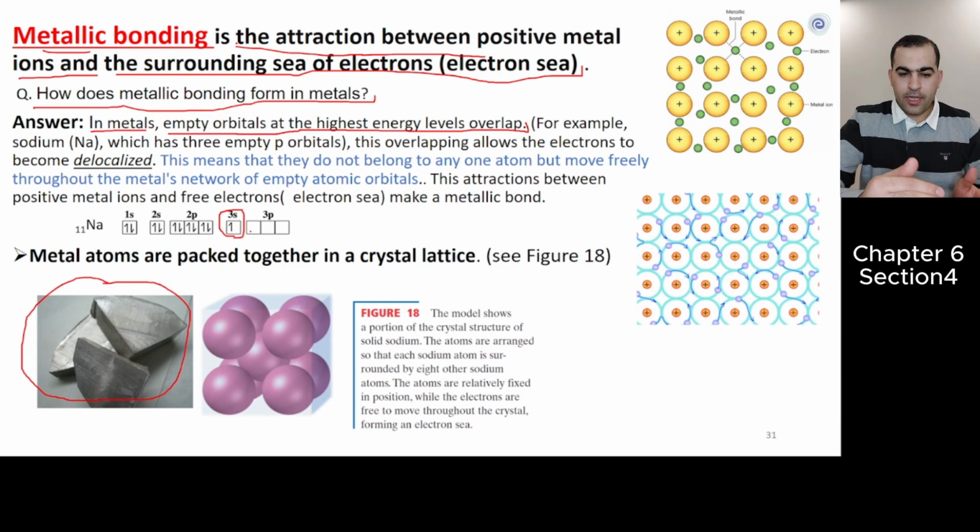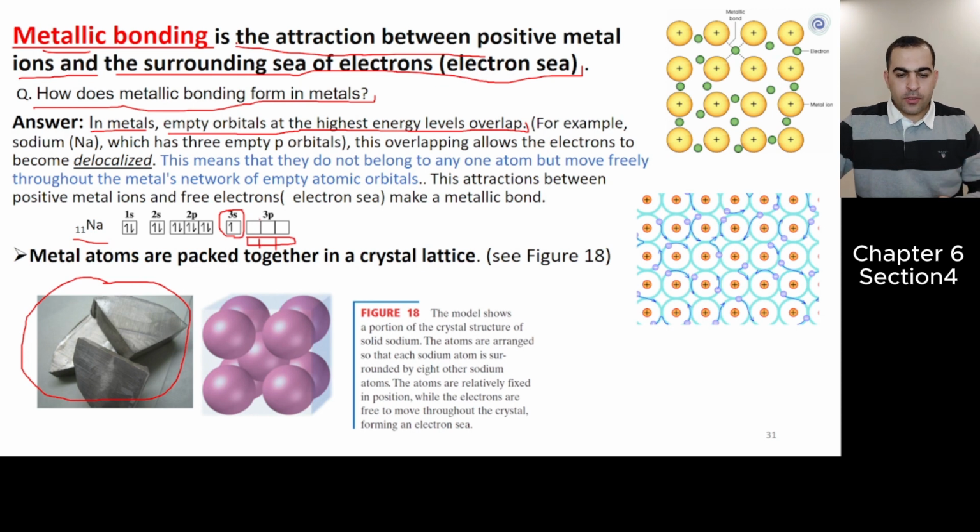And this is a sodium atom. There are millions of sodium atoms in a piece of sodium metal. So these empty orbitals, imagine we have another sodium atom next to this sodium. They also have empty orbitals too. We have another sodium also.